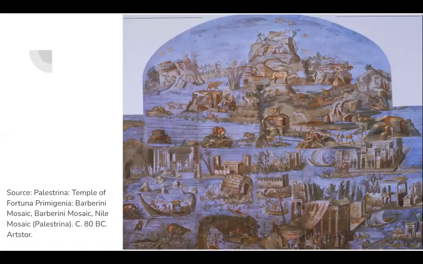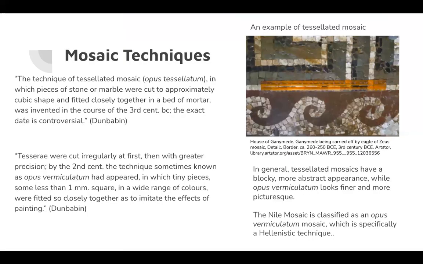Going back to the Nile mosaic, looking at it from afar like this, you can't really even tell that it's a mosaic. It looks more like a painting than what you would assume a mosaic to look like, or it doesn't look as much like a mosaic compared to the tessellated mosaic that I have pictured here.